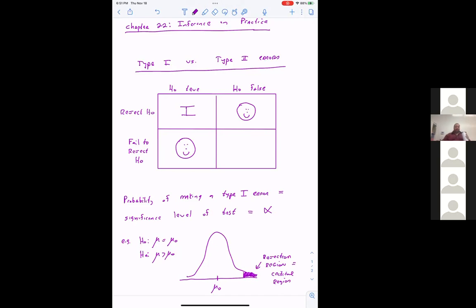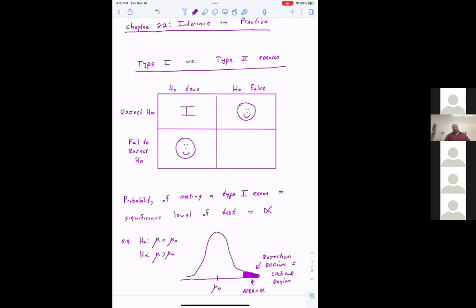And what is the probability of being rejected? The probability of being rejected means that I land in this region over here, because that's the rejection region, right? If I'm going to reject, it means I land in that region over there, correct? Well, what is the area of this? Normally it's 5% or alpha.